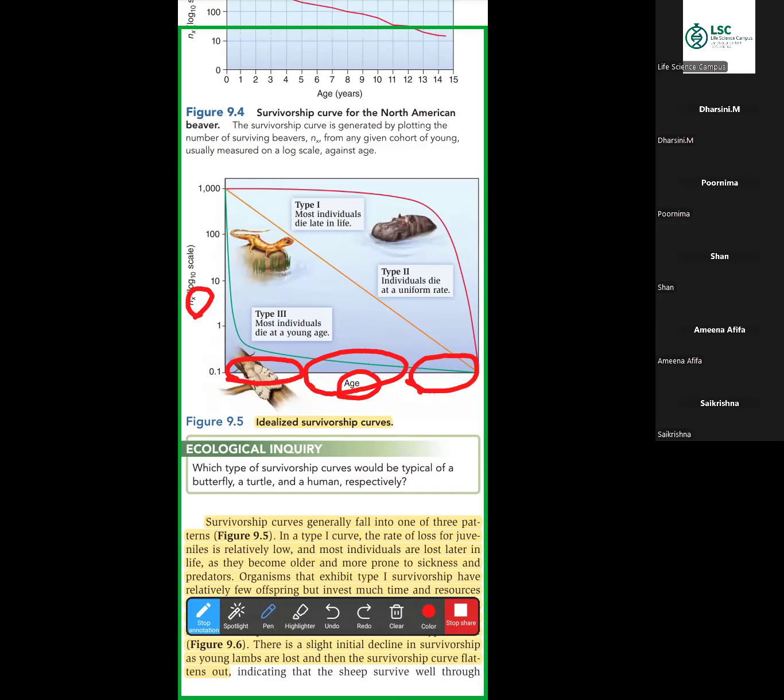Is it clear? A survivorship curve simply represents the number of individuals alive in a population. There are three types of survivorship curves: type 1, type 2, and type 3.